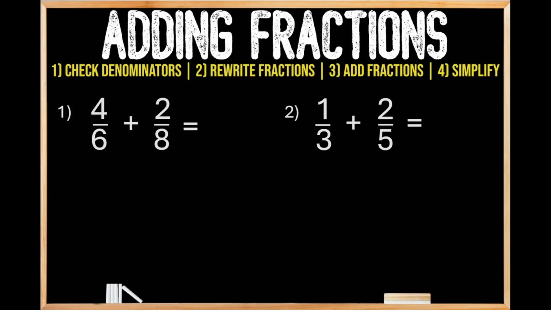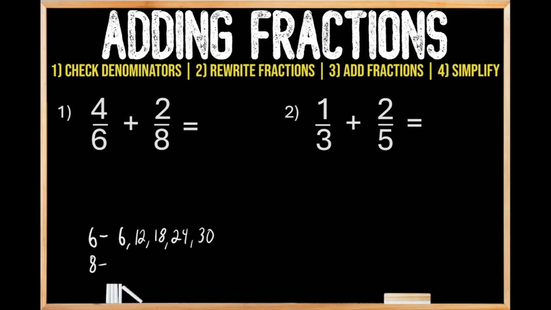So to find our common denominator, down below, we're going to find the lowest common multiple between both 6 and 8. So down at the bottom, we're going to list out some of the multiples of both 6 and 8, and we're going to find the lowest common multiple. For our multiples of 6, we have 6, 12, 18, 24, and 30.